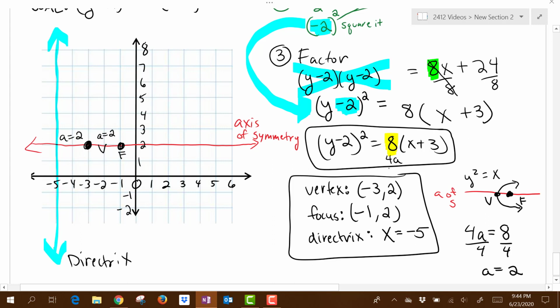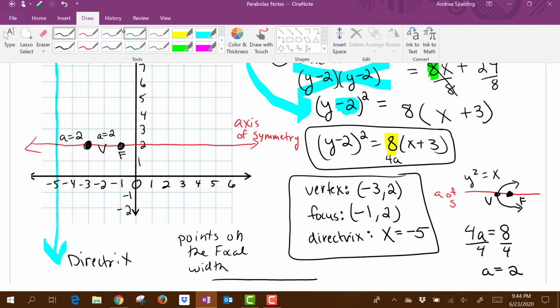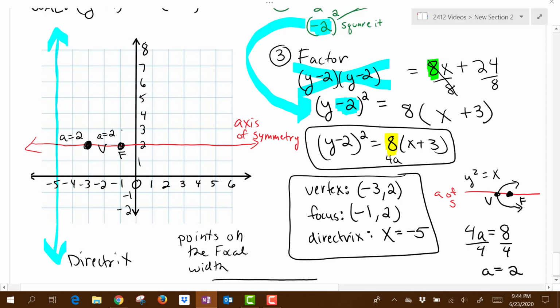Alright, so the last thing we need is to find the points on the focal width. So we said the focal width was 8. So 8 units long. So I'm going to go to the focus, and I'm going to go up 1, 2, 3, 4 units up. I'm going to go half the focal width up.